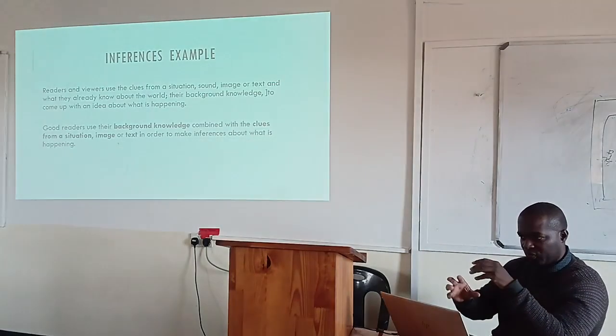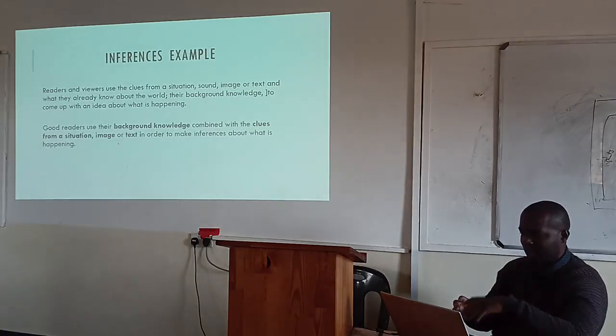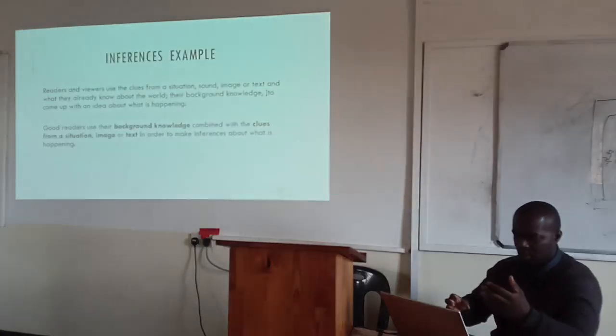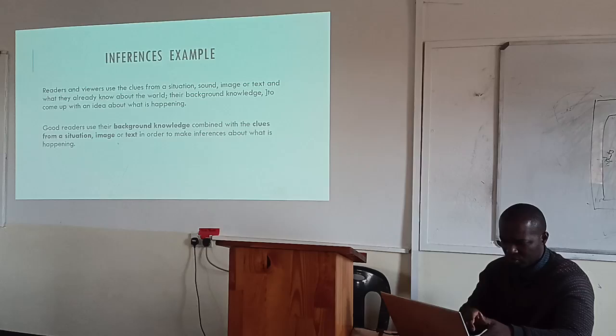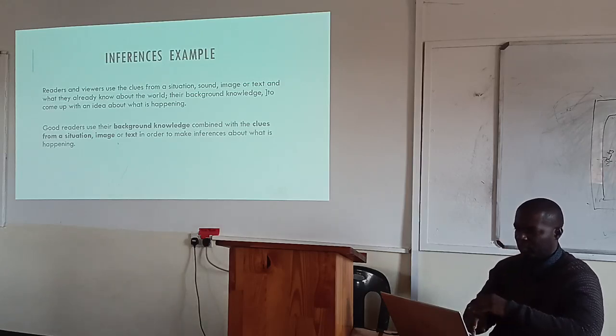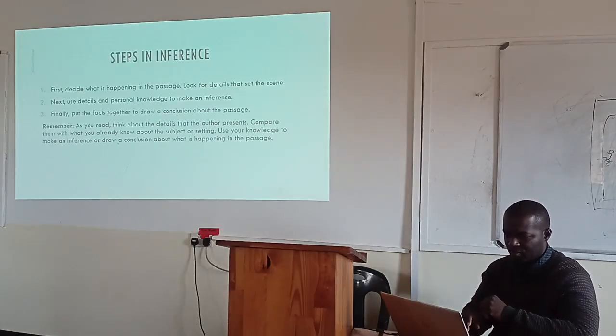There will be a lot of gray areas whereby they will just give you clues, so you should be able to know that. So this is the same situation: background knowledge combined with the clues from the situation, image and text, in order to make an inference about what is happening.